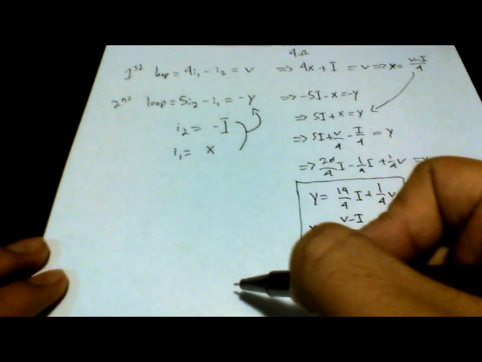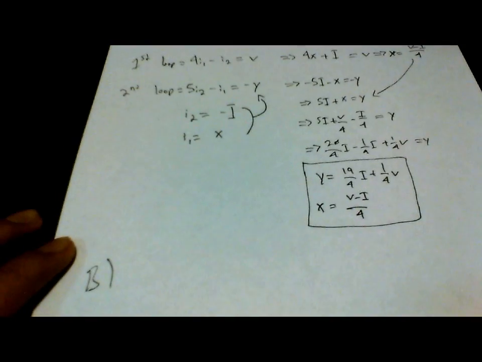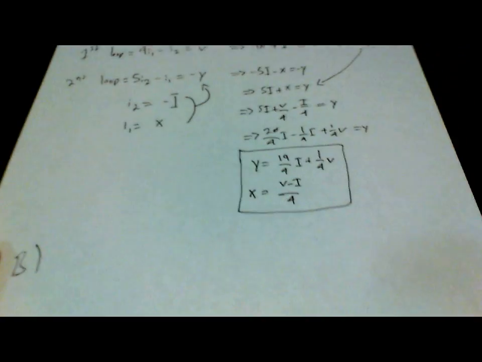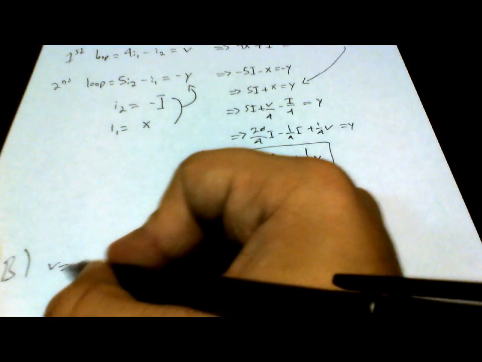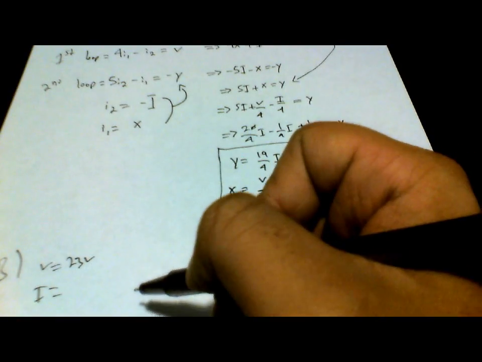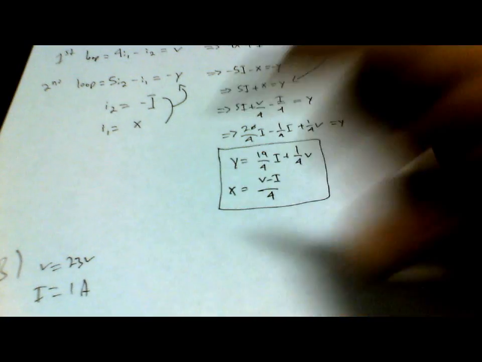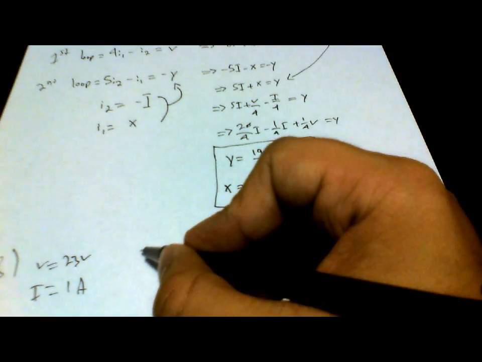So now B here. B just asks you to solve for two values of V and I. When V is 23 volts, I is 1 amp. So all we really have to do is plug in these values.